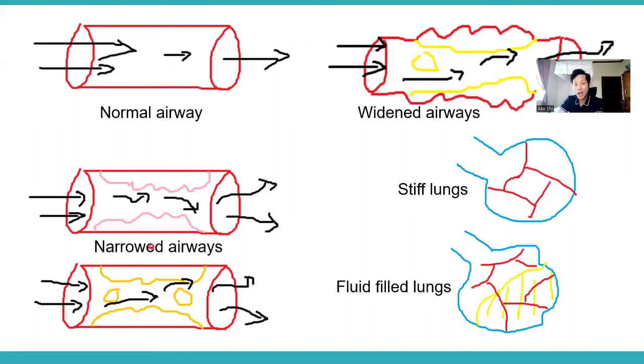Narrowed airways are usually caused by the accumulation of mucus right here, or inflammation of the muscles right here. So it's hard to breathe. Usually within one inspiratory phase, we get multiple cough bouts, like 2 or 3 strong cough bouts.